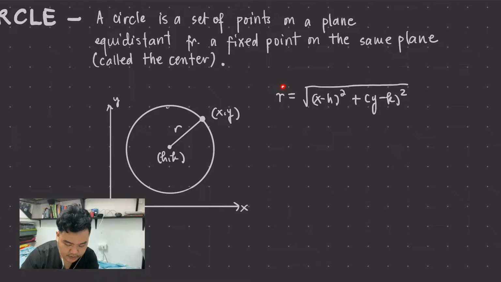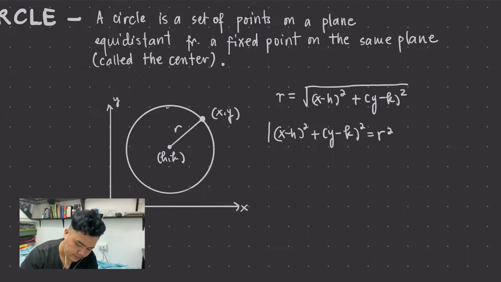And you can square both sides of this equation to get rid of the square root. So we get (x minus h) squared plus (y minus k) squared equals r squared.